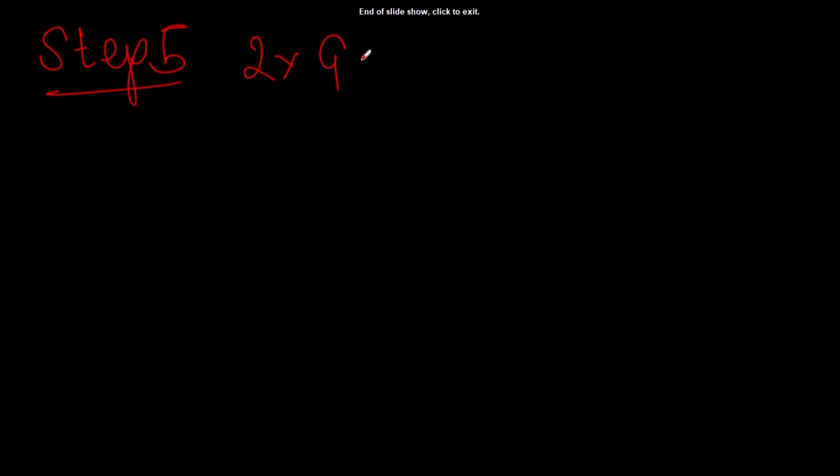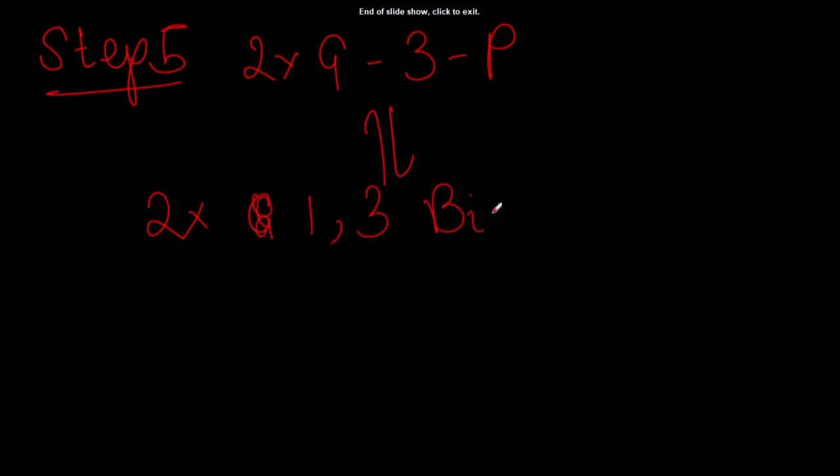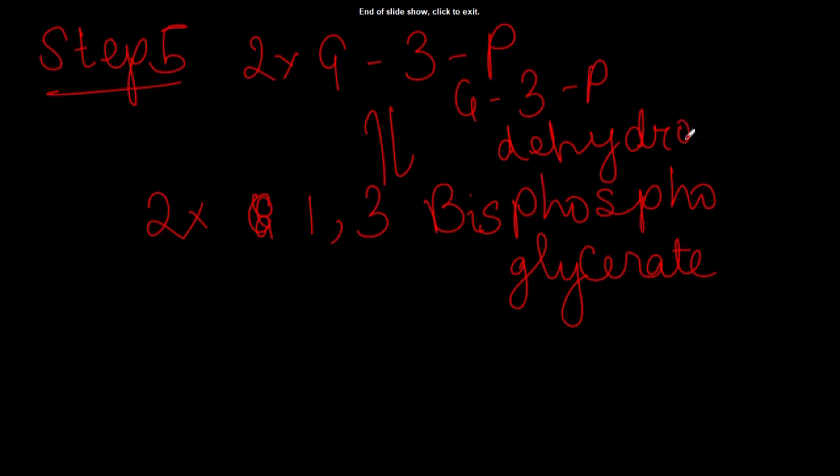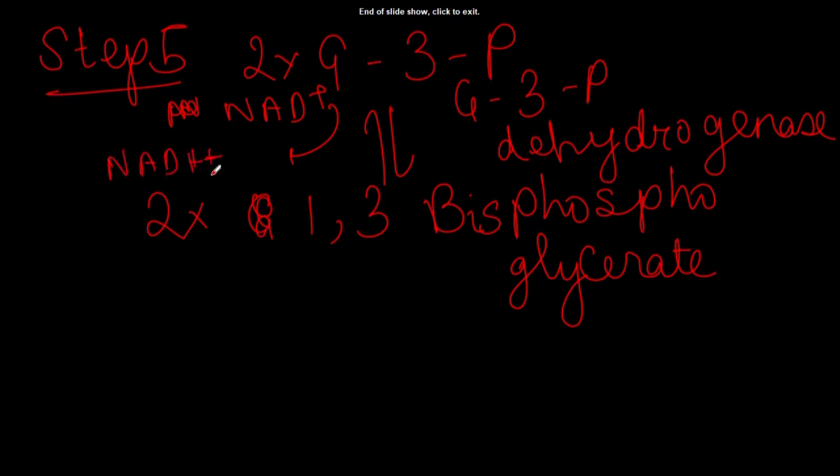So in step 5, what happens? Two molecules of glyceraldehyde 3 phosphate get converted to two molecules of 1,3 bisphosphoglycerate by the action of glyceraldehyde 3 phosphate dehydrogenase, and NAD plus gets converted to NADH plus H plus.